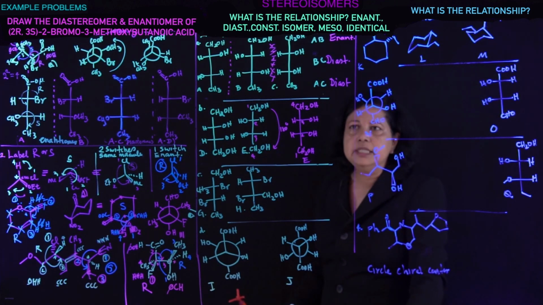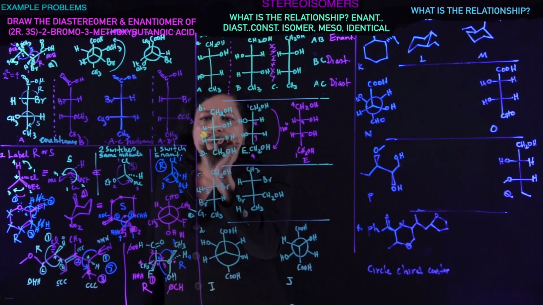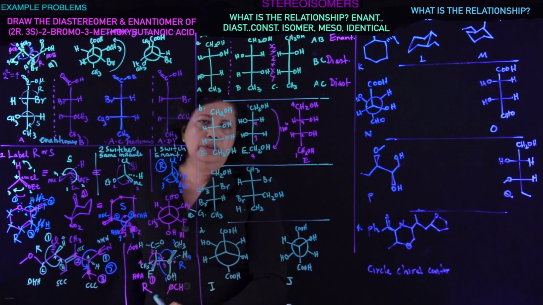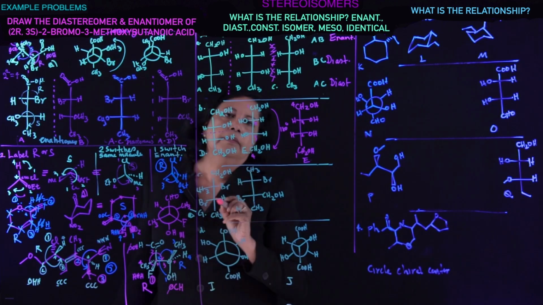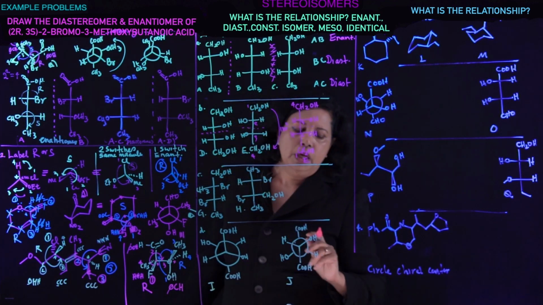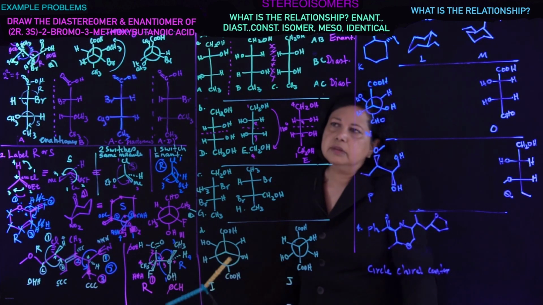Another thing to notice here is if you take this molecule, you can cut it in two like this. You have over here, right in the center of this molecule, a mirror plane of symmetry. Same here. Same here. When you have an internal mirror plane, that molecule is called a meso compound.